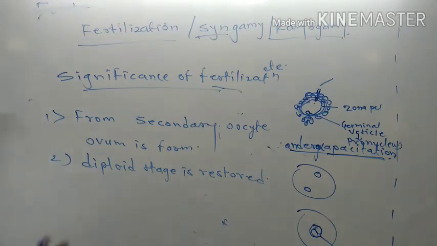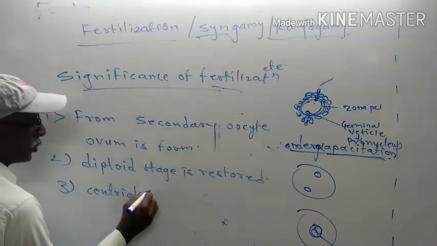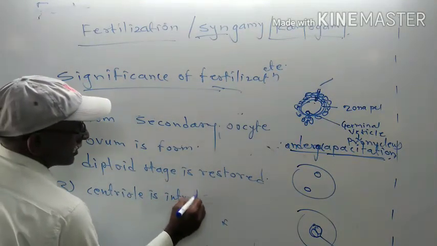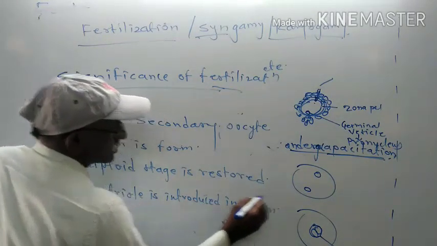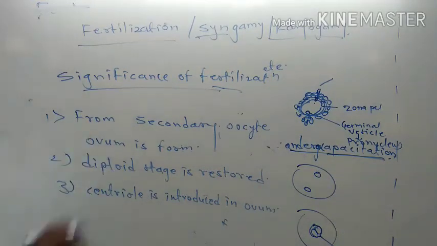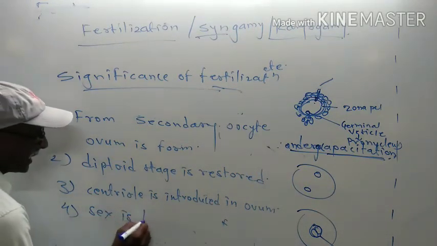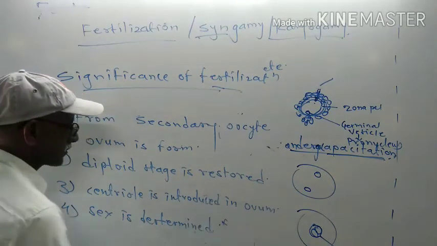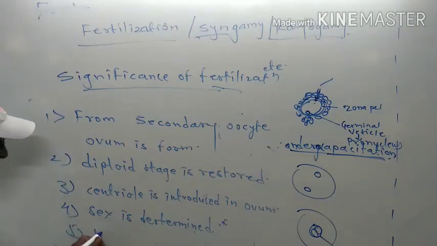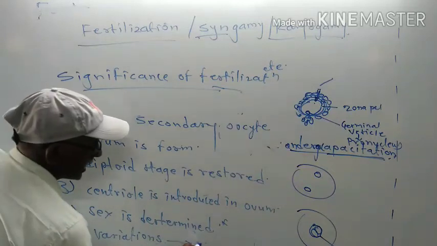Then centriole is introduced. Because the ovum lacks a centriole, it is introduced by the sperm. Then sex is determined by the fertilization process. Then there are variations, and due to this variation there is evolution.